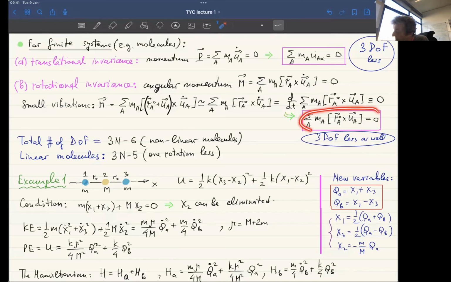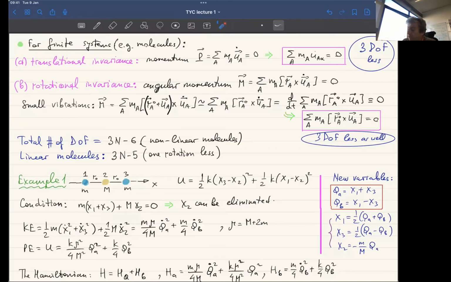So we have this expression here. So we have 6 equations: 3 equations coming from the translational invariance, 3 equations coming from the rotational invariance, and the displacements of our atoms when our atoms vibrate are constrained by this, because we have to eliminate these translations and rotations when we consider vibrations of the system.